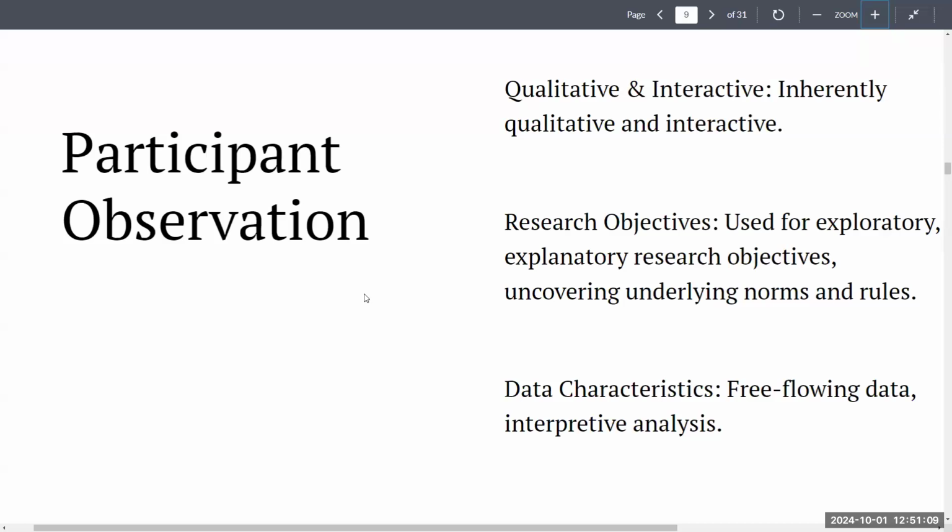So it's particularly useful when the researcher aims to uncover underlying norms, values, and social rules that govern a particular behavior. Rather than testing a predefined hypothesis, participant observation allows the researcher to explore new concepts and generate theories based on their experiences in the field, okay?